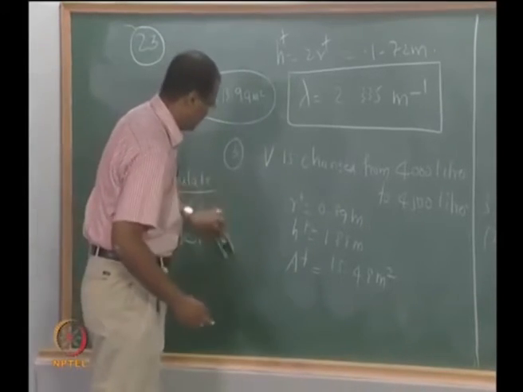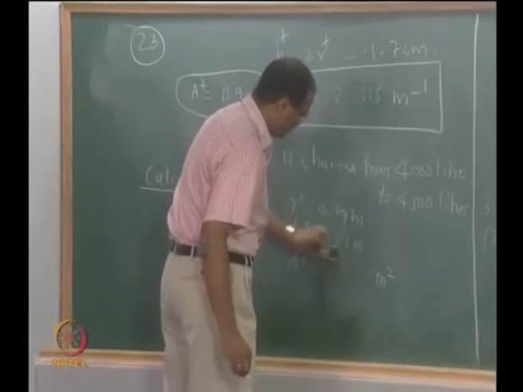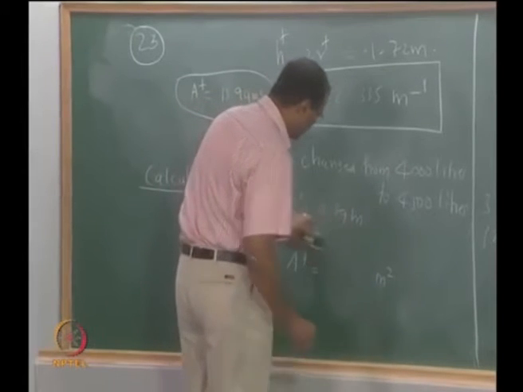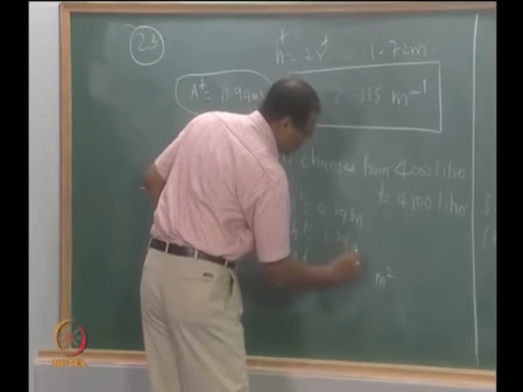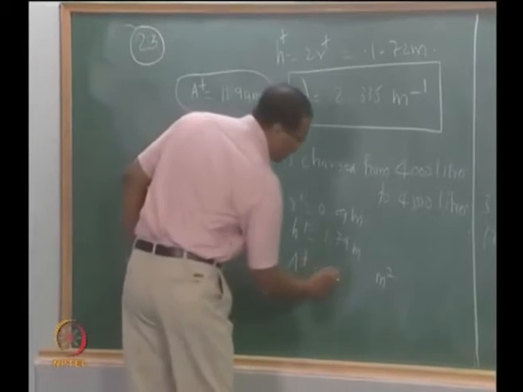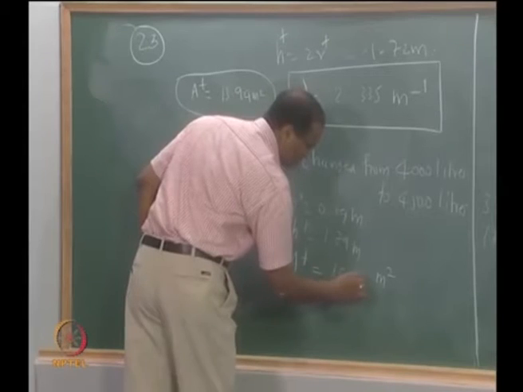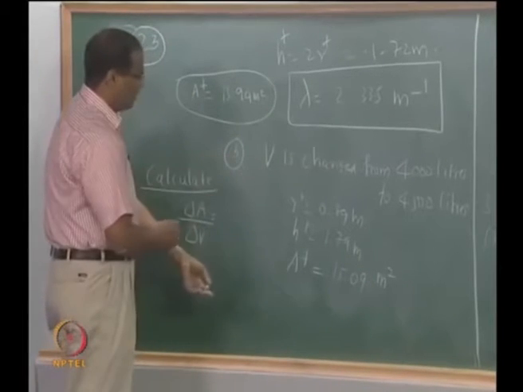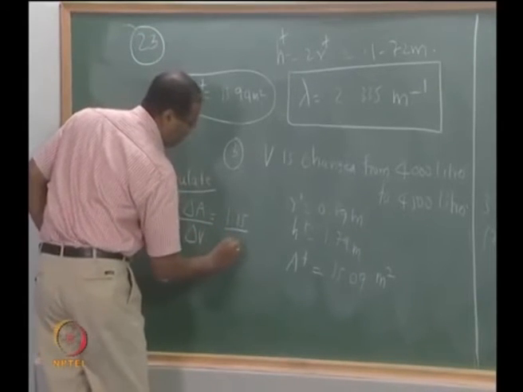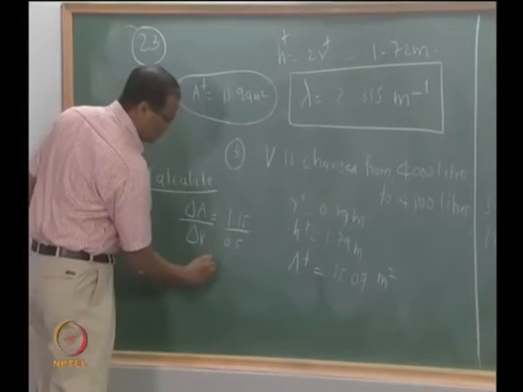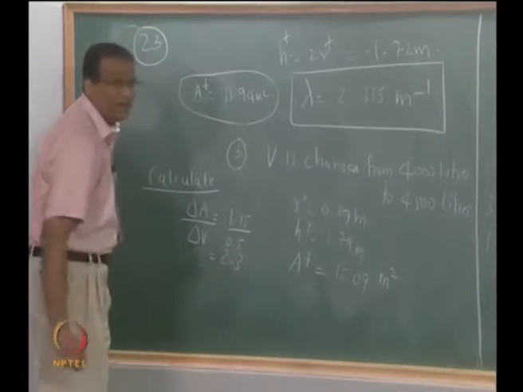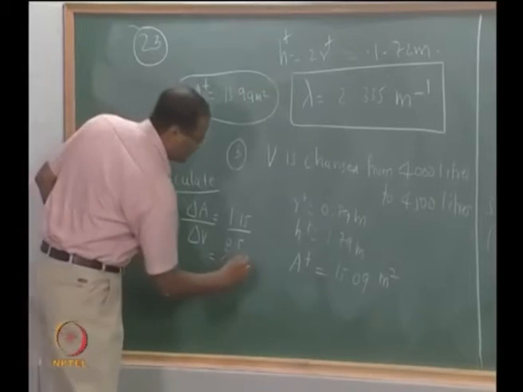No, it is not correct. Sorry, this is how much? 15.09. So, delta A will be 1.15, correct, divided by 0.5. How much is this? 2.3 meter inverse.